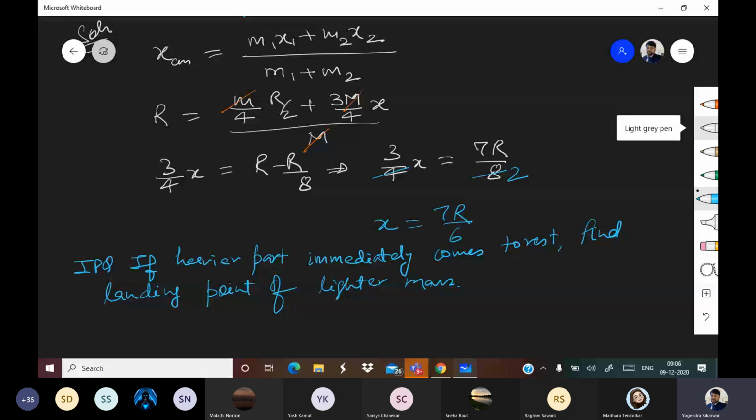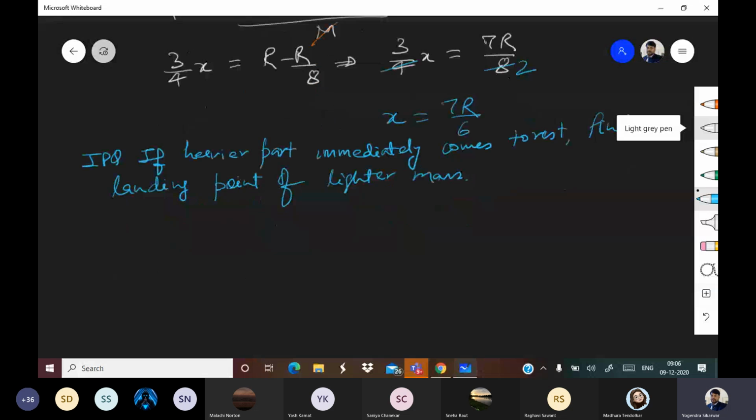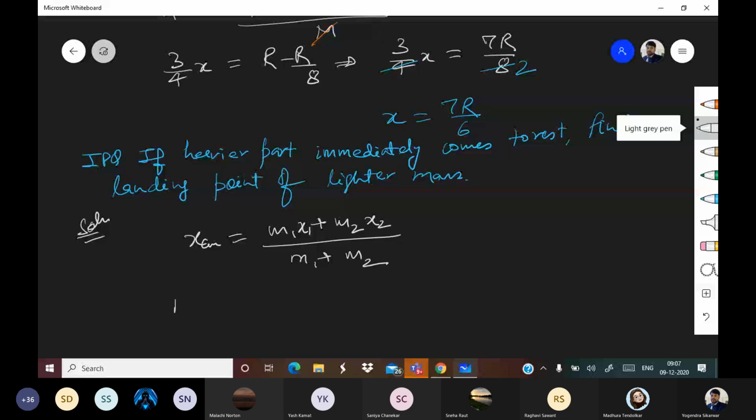Okay, pay attention. So XCM will be (M1 x1 + M2 x2) upon (M1 + M2). XCM was R only. Now what is happening? The heavier part is immediately coming to rest.